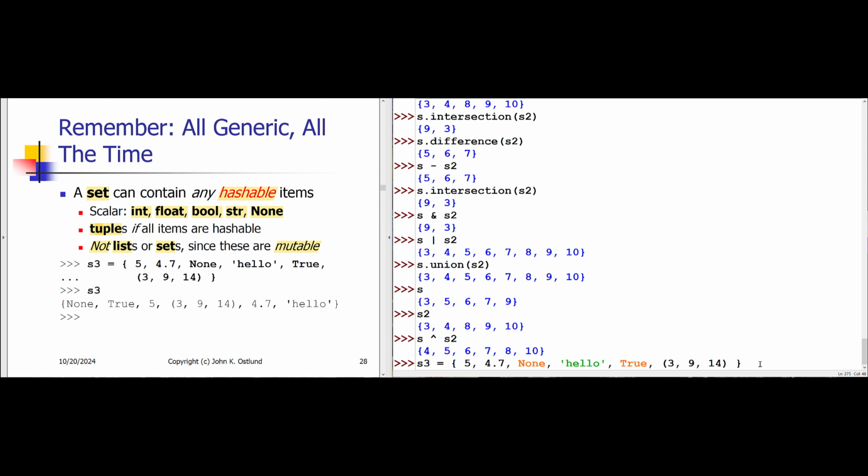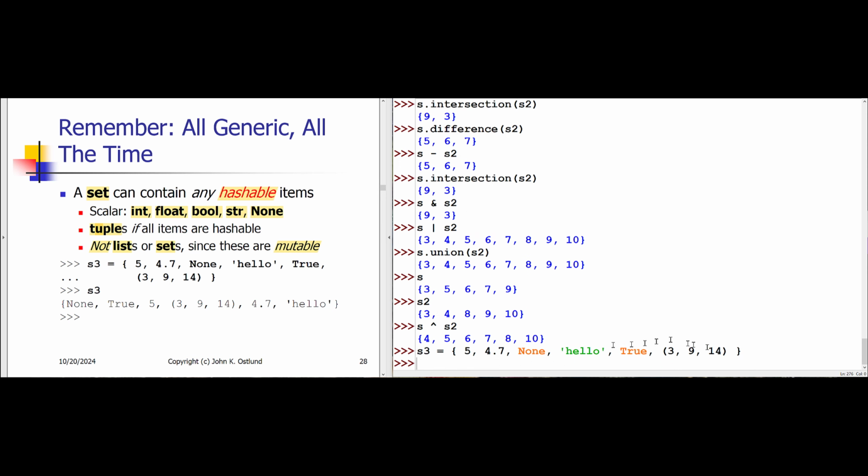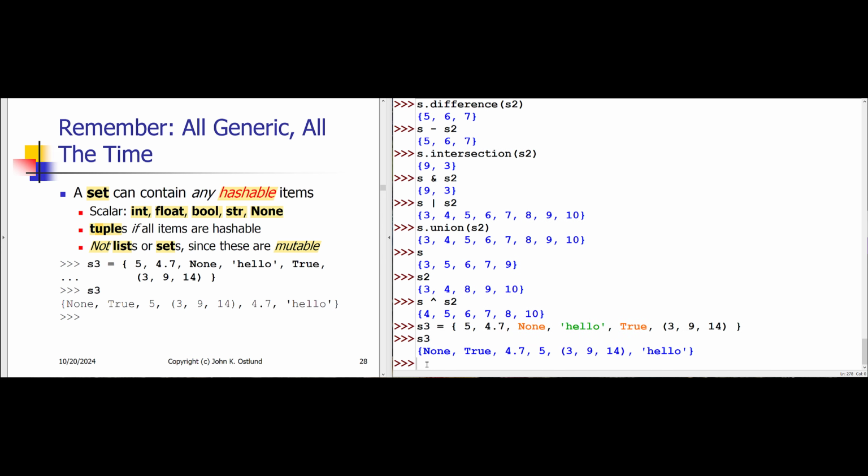So this all is fine. Here you see why the very notion of the ordering of things in a set is ridiculous, because you can't define an ordering between a string and a tuple, for example, or between an int and a string. When I display S3, it just comes out in some arbitrary order. Who knows why? And if you did a definition of the same set and you displayed your S3, yours might very well come out in a different order from what I'm getting in my shell.